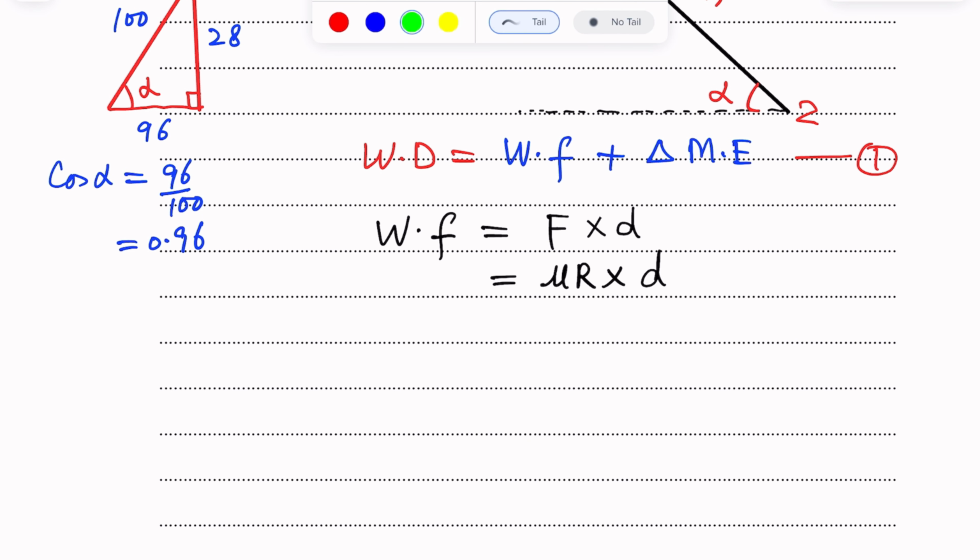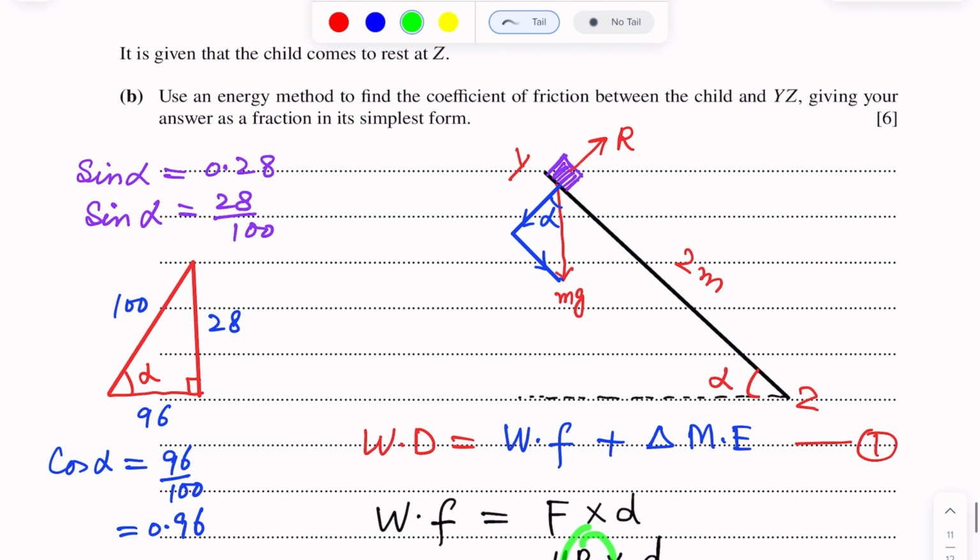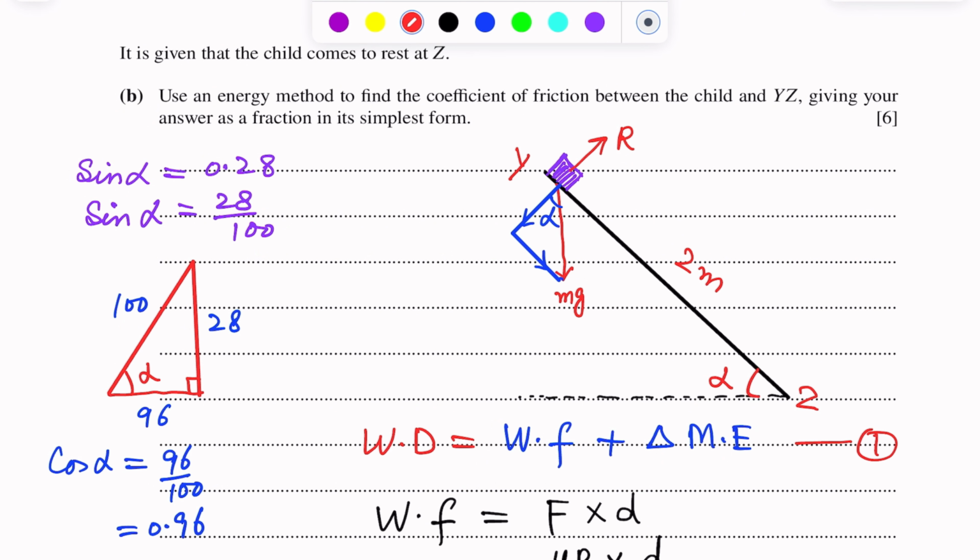So D is 2. We just have to find the value of R. R will be equal to the force component of the weight that is acting perpendicular to the plane. This is mg cos theta. This component is mg sin theta. Not theta, but in the question there is alpha, so we are using alpha here.